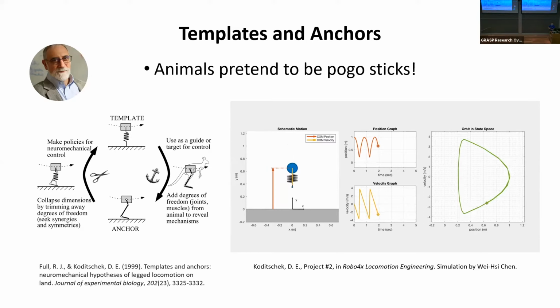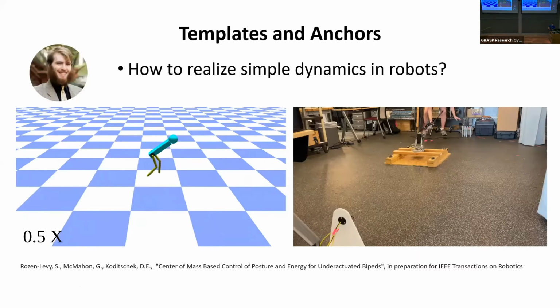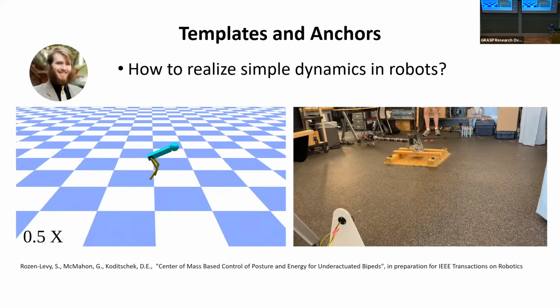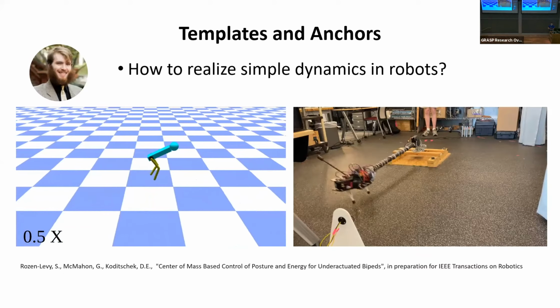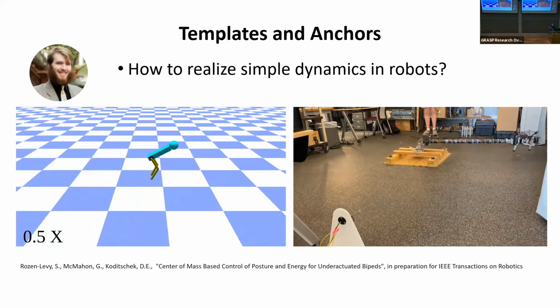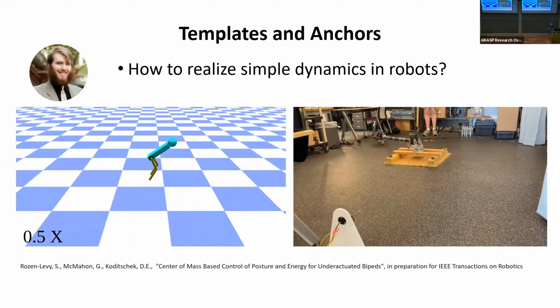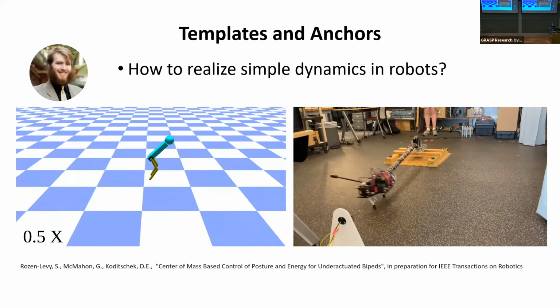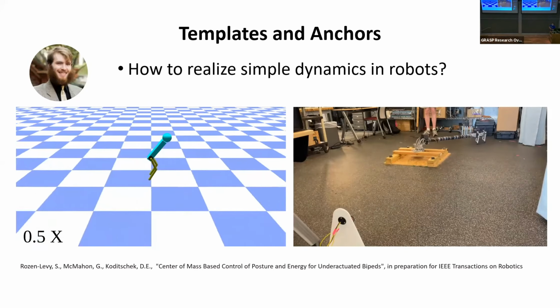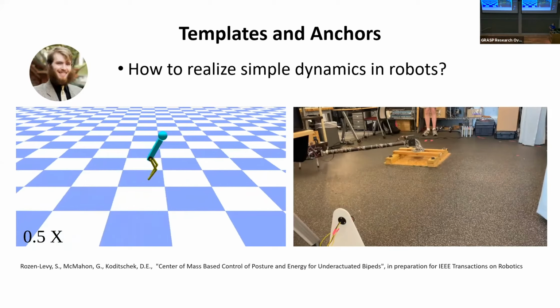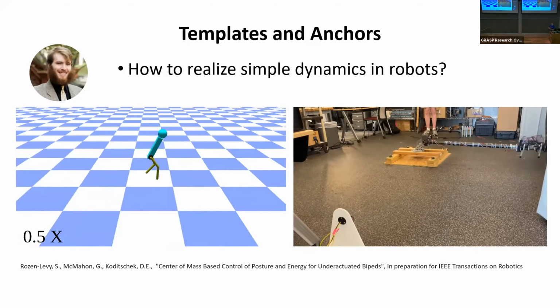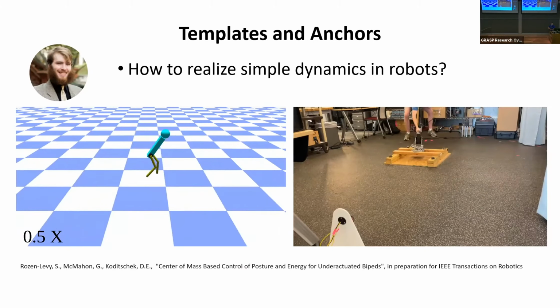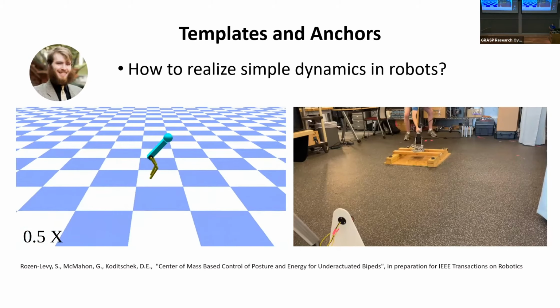When they run, it's just doing very simple dynamics. And these simple dynamics are easy to simulate and also easy to employ in different kinds of robots. So here we show two different kinds of bipedal robot, one without tail and one with tail. And they're using the same control strategy, but they move pretty well.